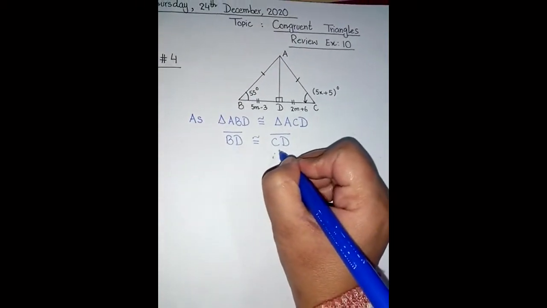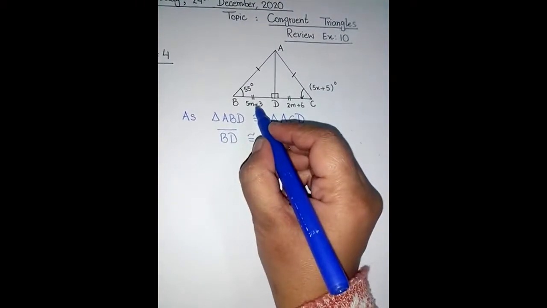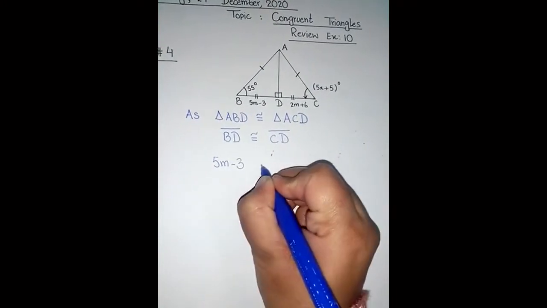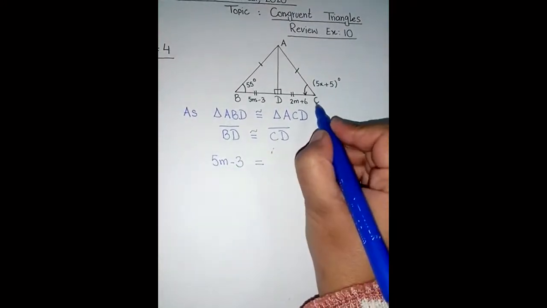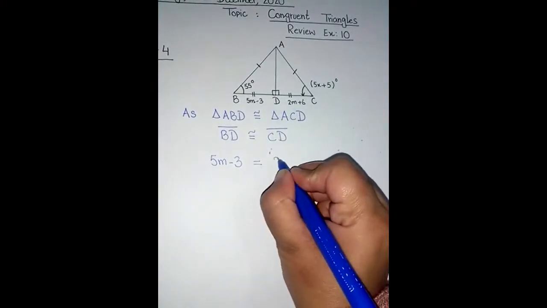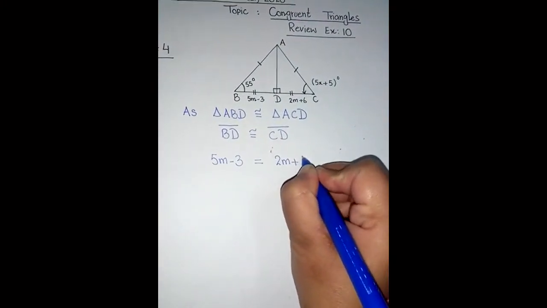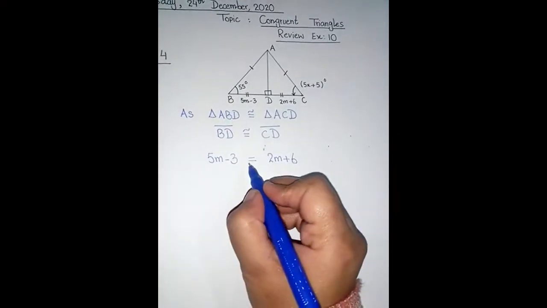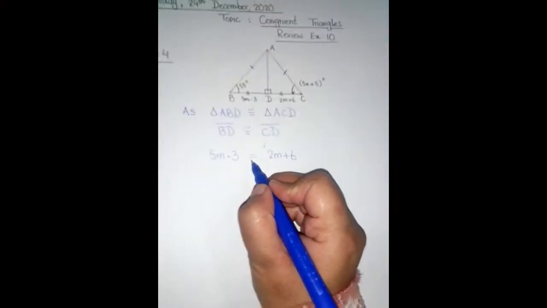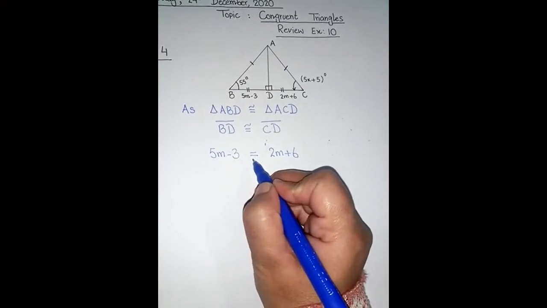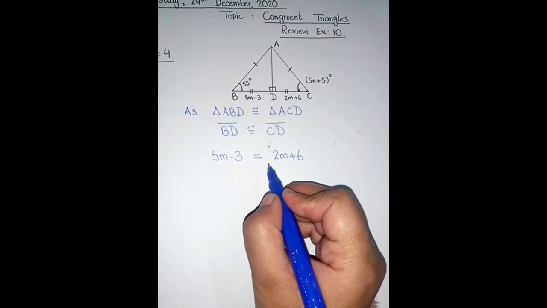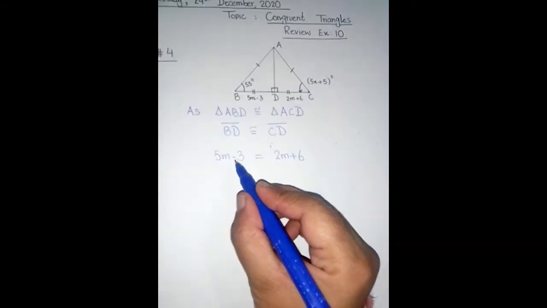Now we will put the values. The value of BD is 5m minus 3. And the value of CD is 2m plus 6. I have told you in the last lecture, when we put the values, we will put an equal sign. Now we have to find the value of m.